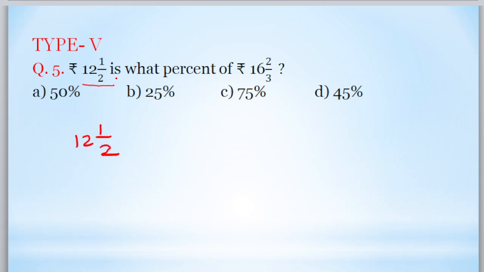Then after that, "is" means equal to. Here it is written what percent, so instead of what percent, we are writing x percent. Of means multiplication. Then rupees 16 whole 2 by 3.